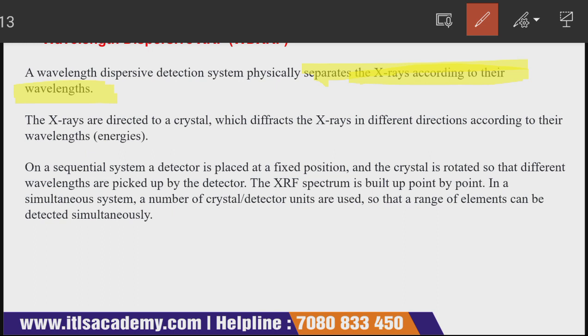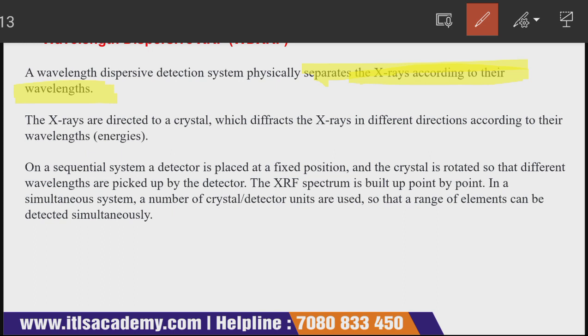Second, the X-rays are directed to a crystal. What does this crystal do? It diffracts the X-rays in different directions according to their wavelengths, or you can say energies.